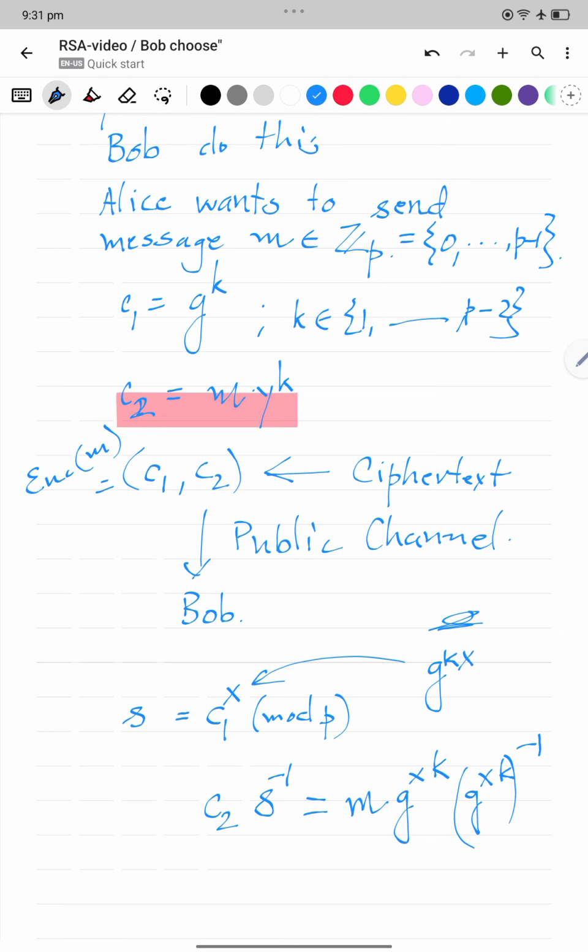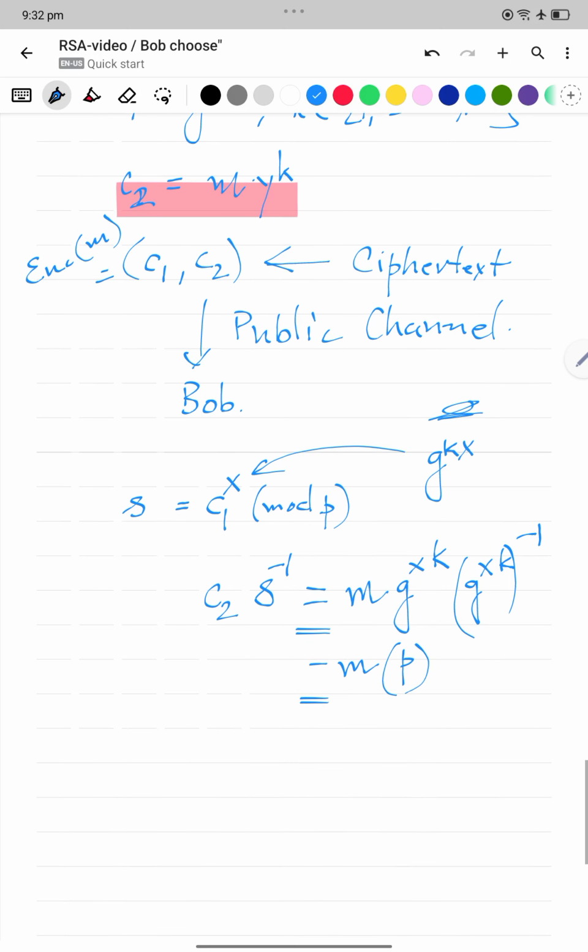This will cancel out and what I get is M, and hence the message is recovered. So Bob knows the message now. So this was ElGamal encryption. I hope you enjoyed. Thanks very much.